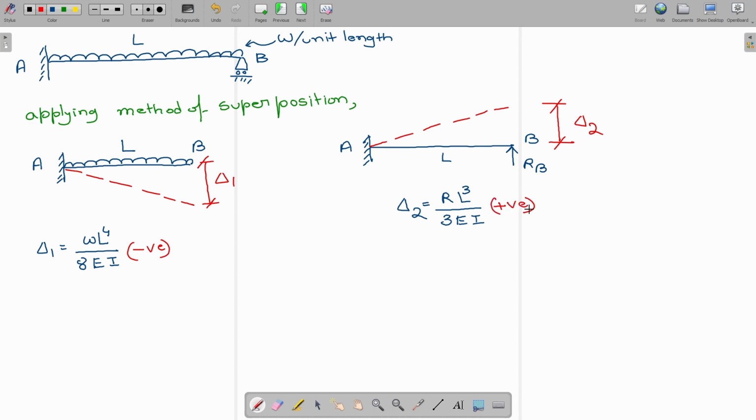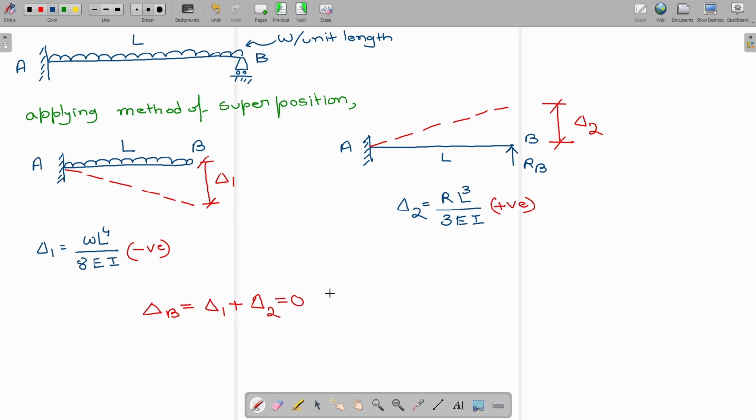Okay. Now we are going to write deflection at point B is equal to deflection due to UDL plus deflection due to point load, which is equal to 0.